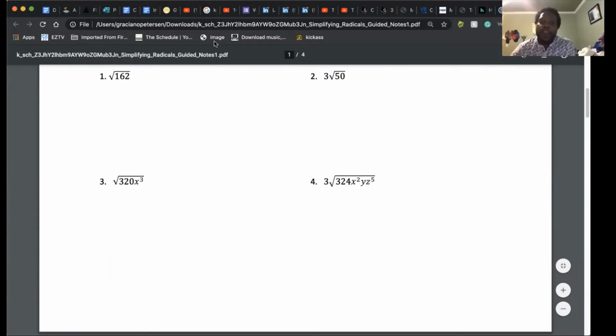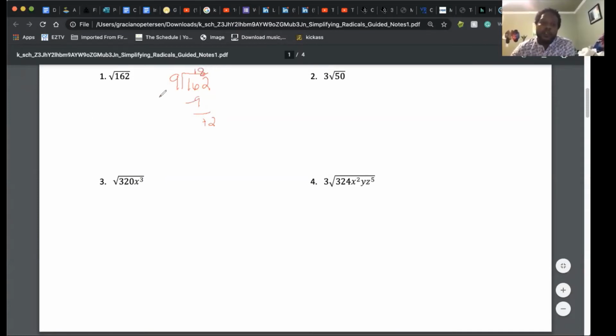So I'm going to use 9 as one of the numbers. And to figure out what number is paired with 9 that goes evenly into 162, I'm just going to divide 9 into 162. How many times does 9 go into 162? Well, it goes in at least once. It's going to give me a remainder of 72 and 18.